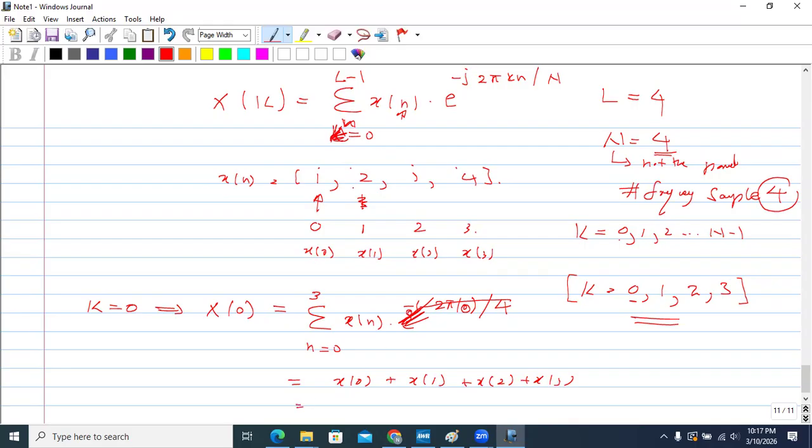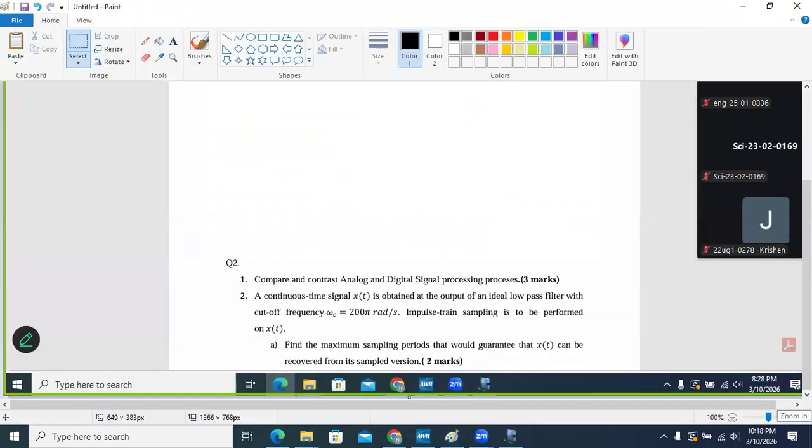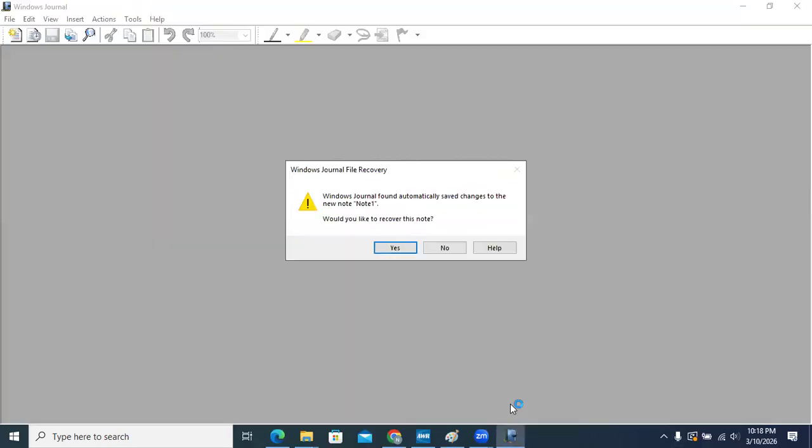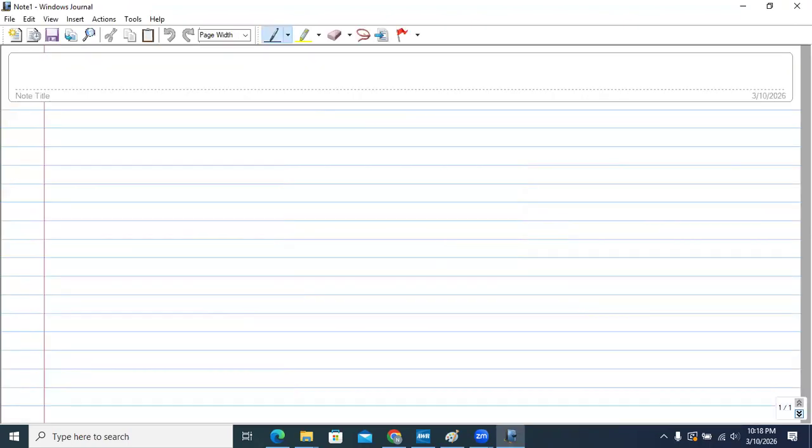So x0 is 1, x1 is 2, x2 is the second sample, 3, and so we get x(n) as 1, 2, 3, 4, and this is the 0th sample.